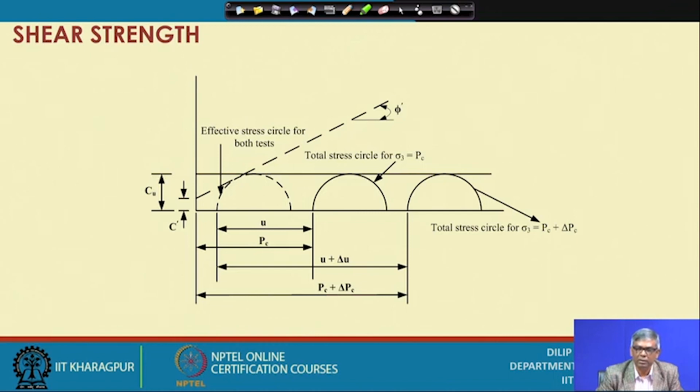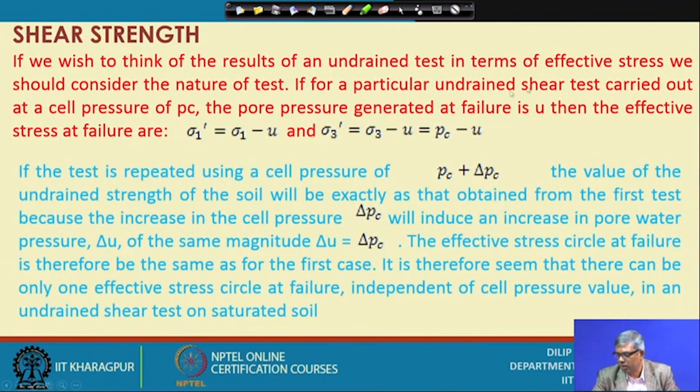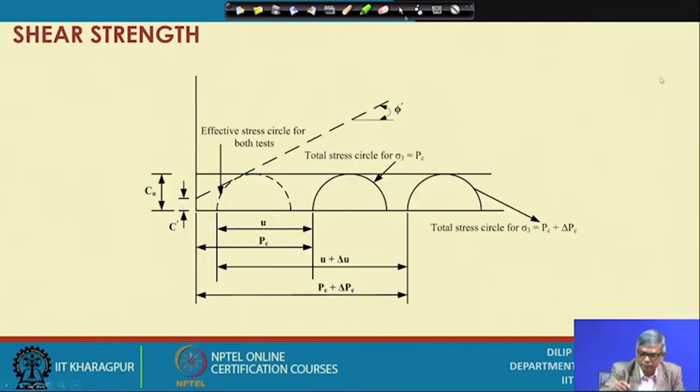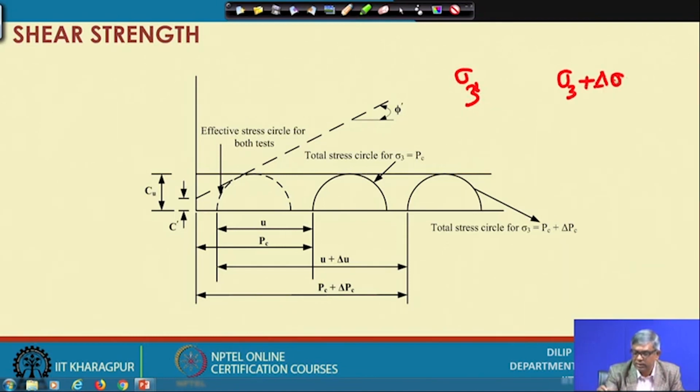If during the undrained test you measure the pore pressure, and finally convert to effective stress based on the measurement of pore pressure, we can see and prove that whatever the confining pressure may be, suppose one is sigma 3, next one is sigma 3 plus delta sigma, like that we apply different values of sigma 3, and at each stage you measure the pore pressure developed before failure, and if you subtract that pore pressure from sigma 1 and sigma 3, then you will get only the same circle. The diameter of the circle will not change.